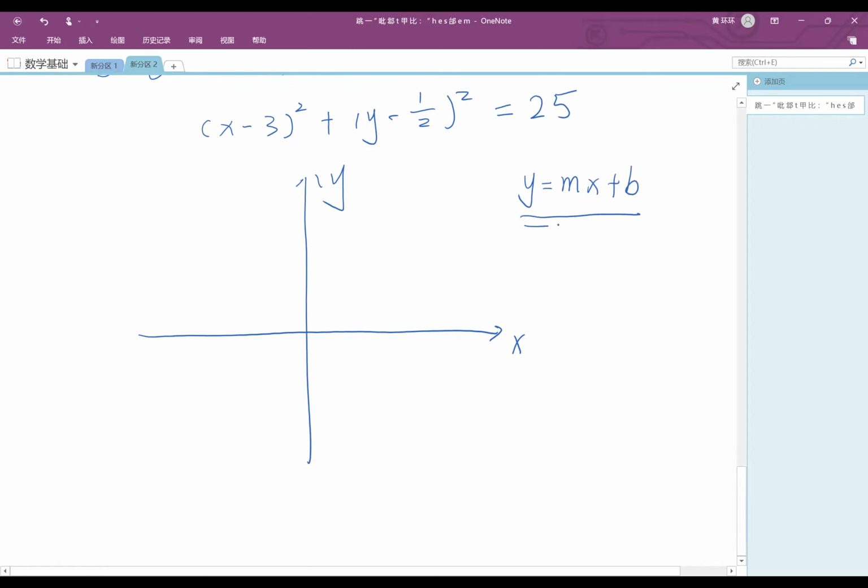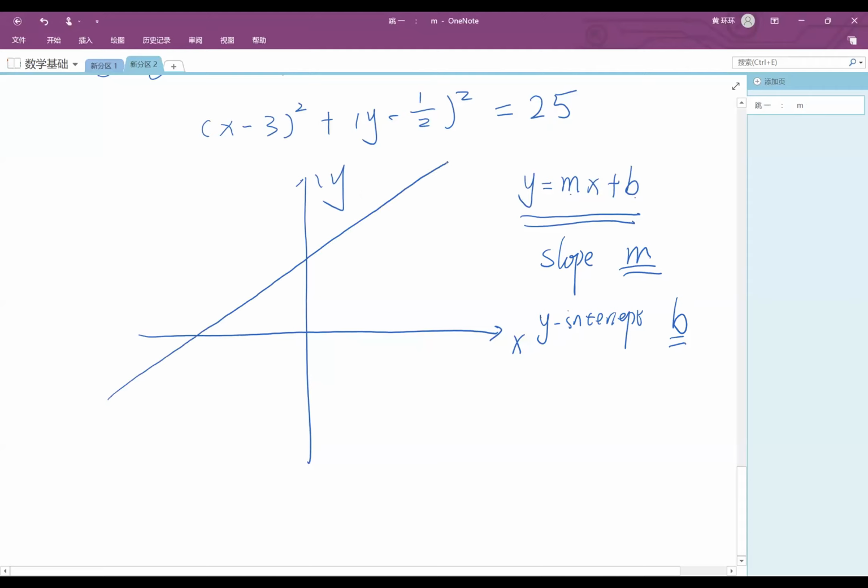This is the slope-intercept equation for a line, and for this line we can get the slope of this line is m, and the y-intercept of this line is b, right?